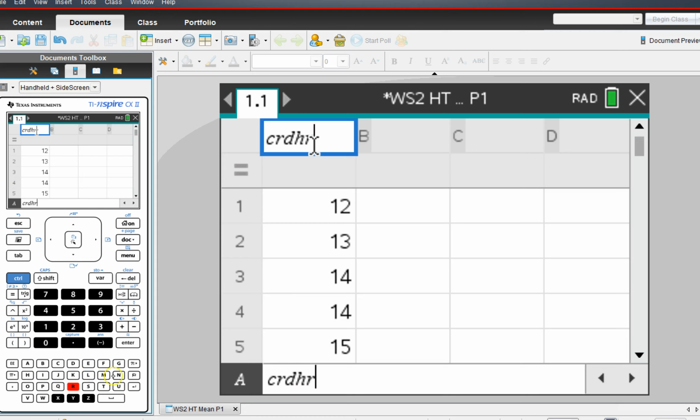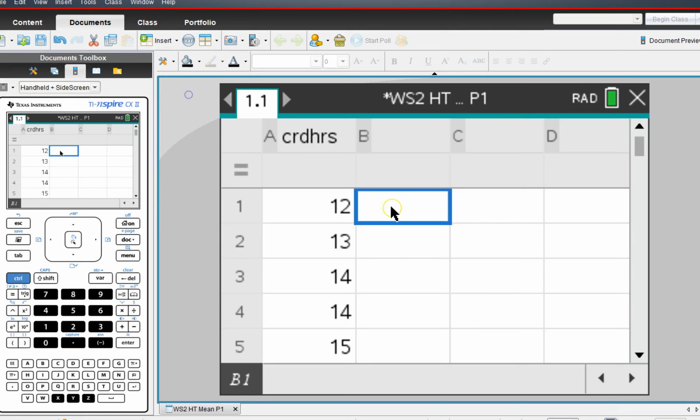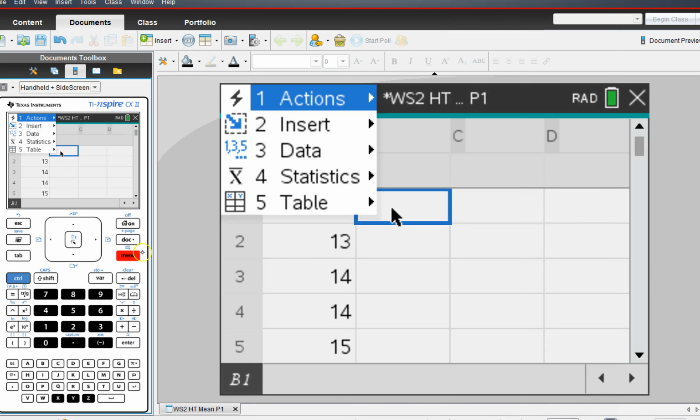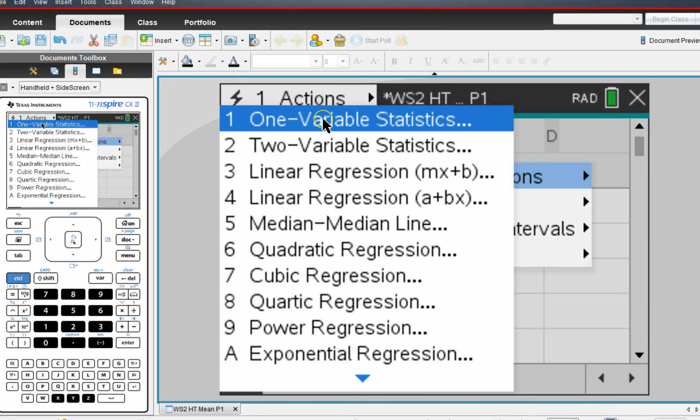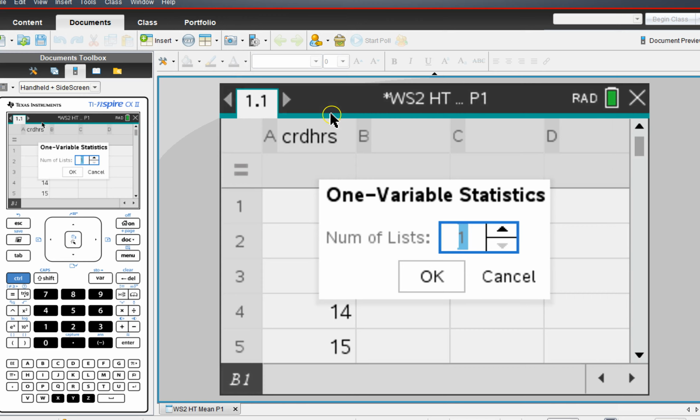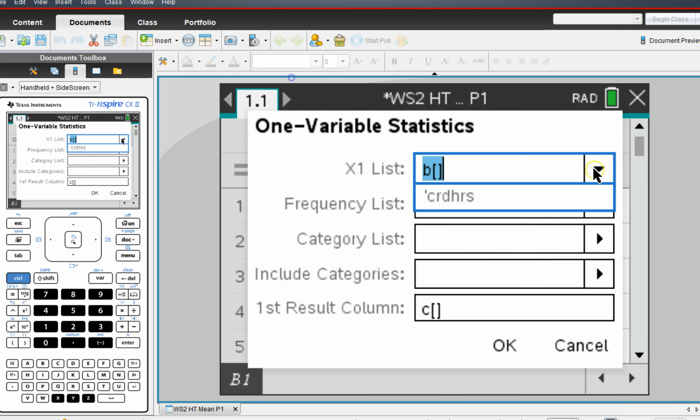Enter. Okay, so again, after you encode the data, you want to do the one variable stat. So let's do the one variable stat. Go stat, statistics calculations, and do one variable stat. Hit OK, and this would be credit hours.